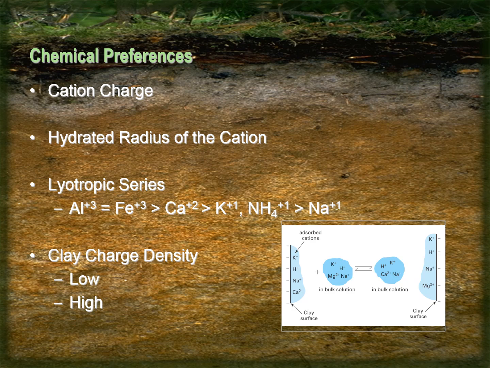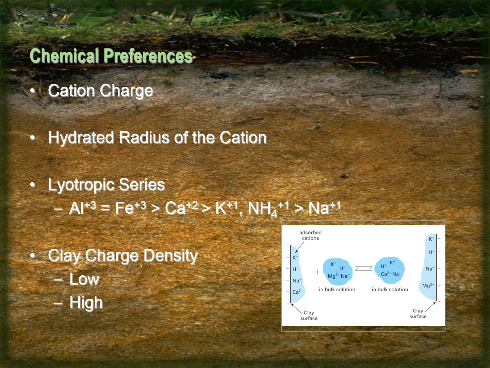And also within that charge, it's related to the charge density. You'll notice that the potassium and sodium have the same charge, but why is potassium more favored than sodium? The reason is that the charge density on sodium is much less than potassium, so the sodium ion has a larger surface area, and potassium has a smaller surface area.